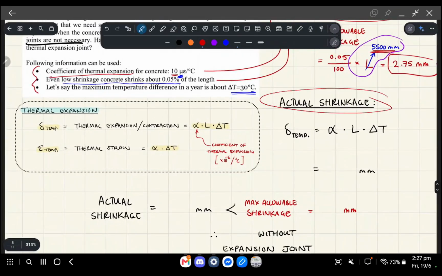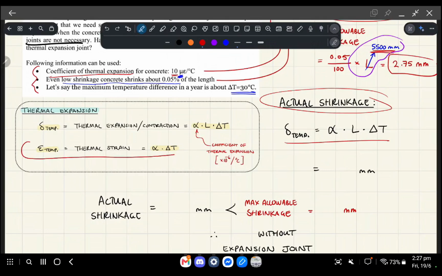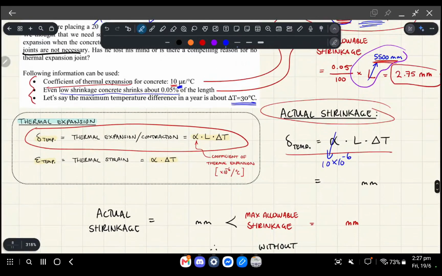So in terms of the actual shrinkage that we're calculating, we input this formula, right? This was specifically the formula for if we wanted to measure it in millimeters rather than as a strain. So this is if it was a strain, this is if it was in millimeters. So we plug in 10 times 10 to the negative 6 for our coefficient of thermal expansion.